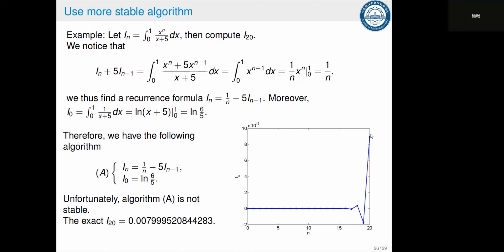The result blows up. So this is not a good algorithm. You will see here at the 20th iteration, it gives us a very large number, but the real value of I20 is such a small value.